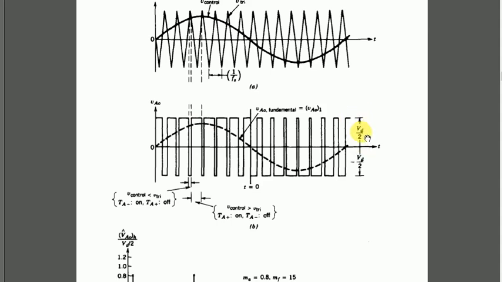For this very short interval, you can see that V control is less than the triangular wave, so the output voltage is equal to minus Vd by 2, and these are the states of the switches. This is just a representation of the switching frequency, and depending on this value the switching takes place.